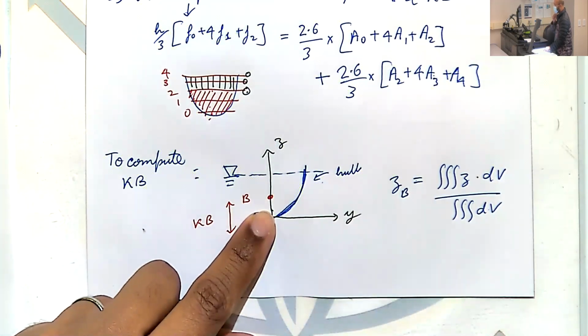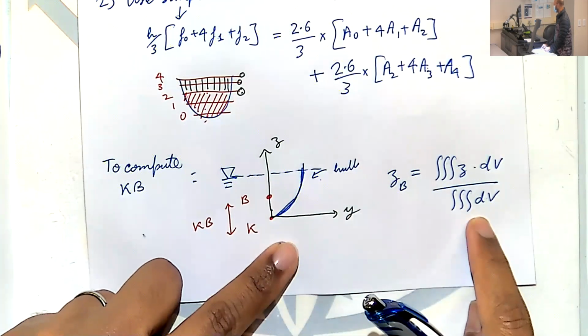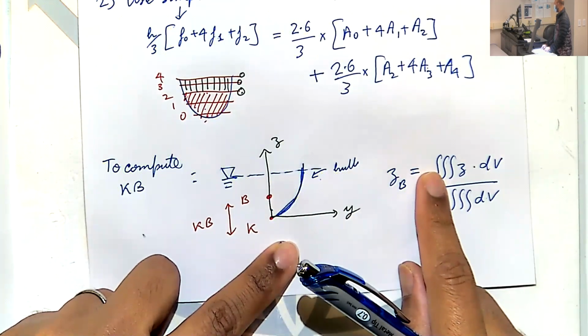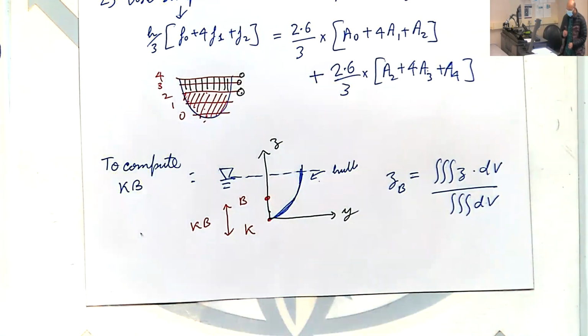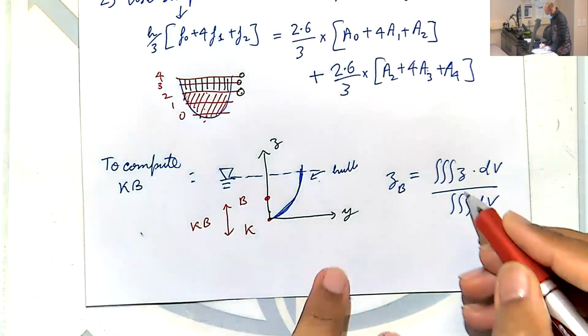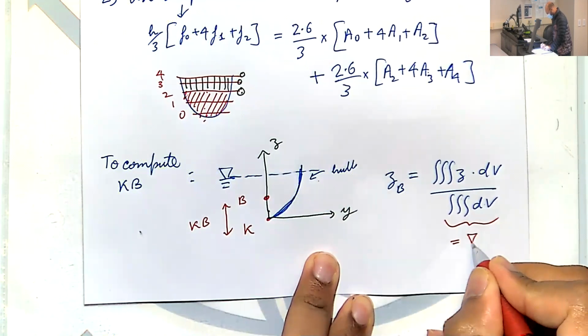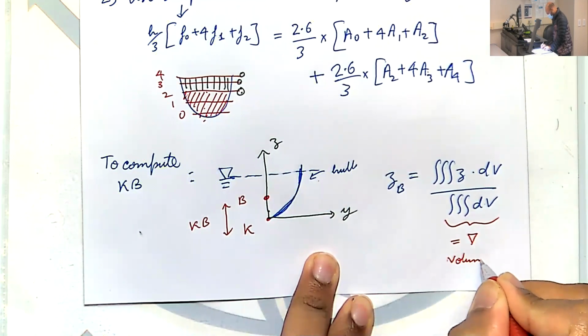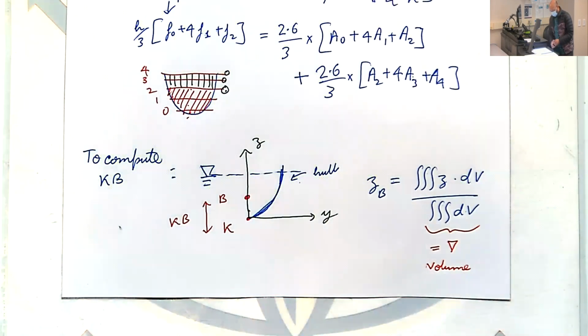So if you go and look back at the formulas for area centroid, they will look exactly like this, with 2 integrals instead of 3, because you're doing area. Now we are doing volume, so that's why we have 3 integrals. Okay. So this guy, the bottom part, will resolve into basically nabla. This is the volume. The top part would be something a little bit more complicated, but not too much more.